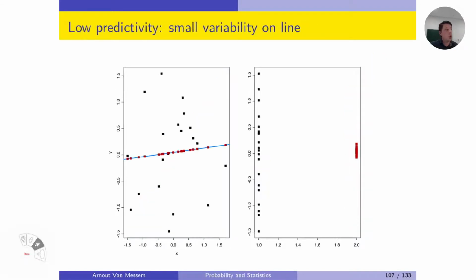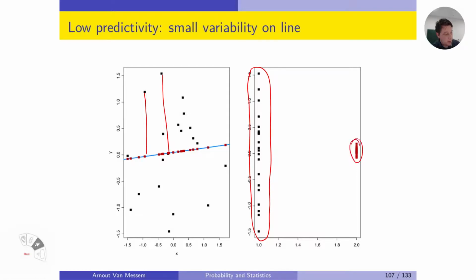If there is low predictivity, it means that my data are spread all around the space, and so it was very difficult to find the best line. It also means that in this case the line will be more horizontally aligned, and so what we see if we look at this, we see that we can get very high residuals, and so here there is a very high variability in the residuals. Whereas on the other hand, the variability for the regression line is pretty small.